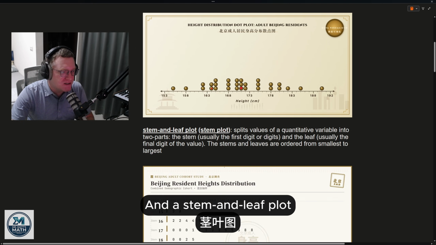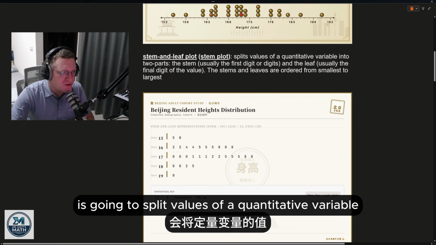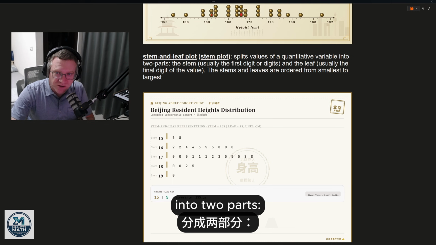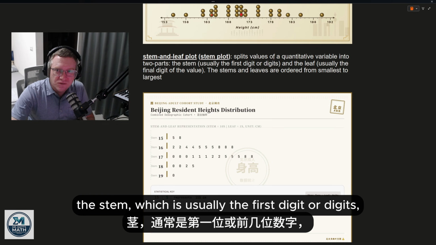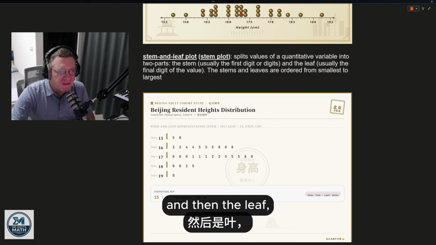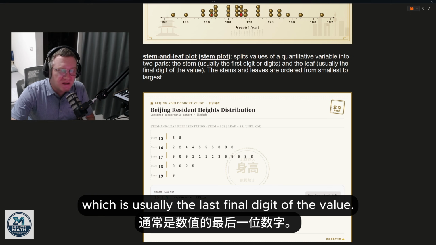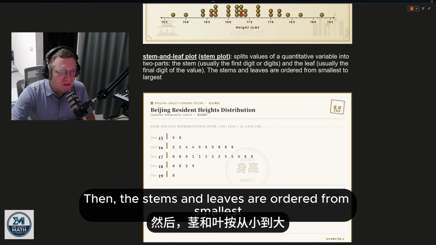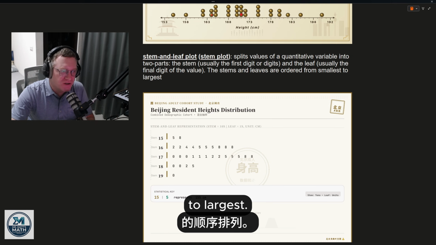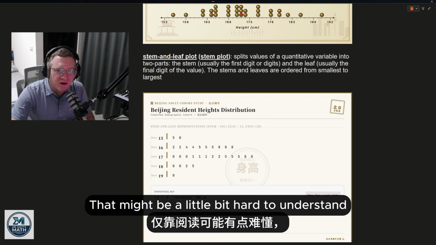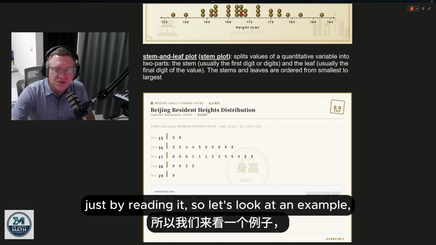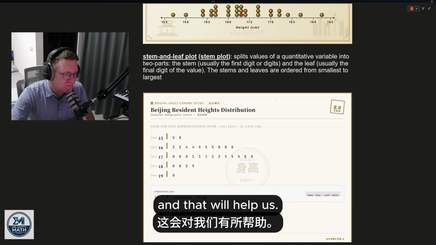A stem and leaf plot splits values of a quantitative variable into two parts: the stem, which is usually the first digit or digits, and the leaf, which is usually the final digit of the value. Then the stems and leaves are ordered from smallest to largest. That might be a little hard to understand just by reading it, so let's look at an example, and that will help us.